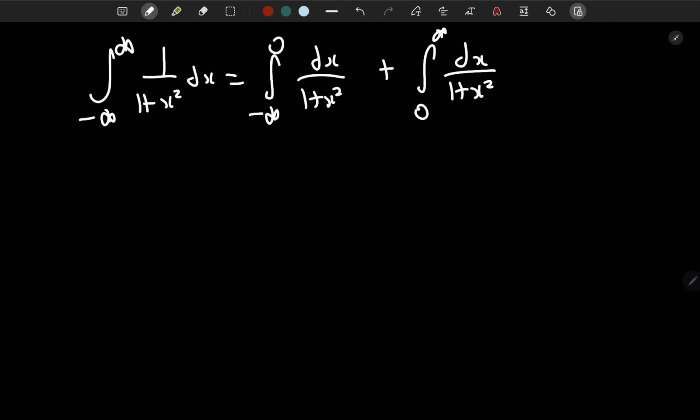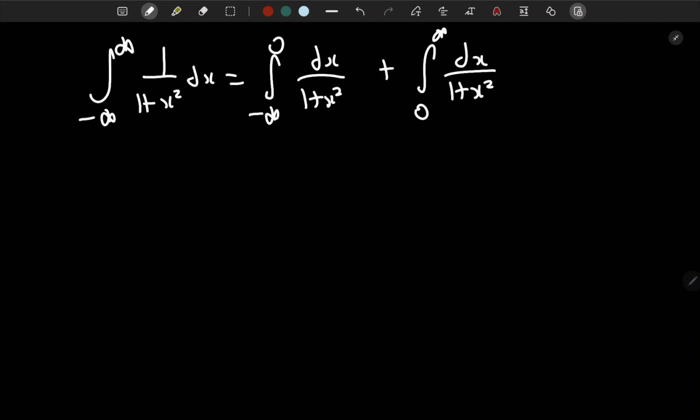And this is very important to do because we cannot do, let's say a is negative infinity, limit a approaching negative infinity, and then also b approaching positive infinity, and take the integral from a to b. We need to always divide it if we have two infinities in our limits. And we can choose the middle point to be anything.